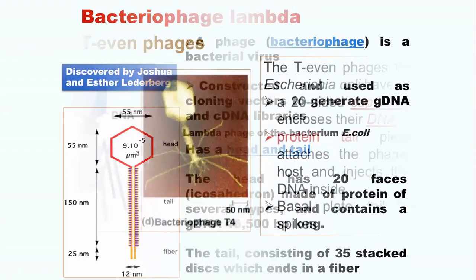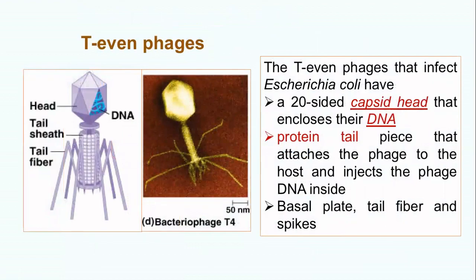Moving on to the most complex type of phages, the most complex structure in viruses belongs to T-even phages. Here again, just like lambda phages, T-even phages also have a head, a tail, and the genetic material. Here the genetic material is again DNA, but look at the head. It is again an icosahedron with 20 faces, but the tail is a little bit more complicated.